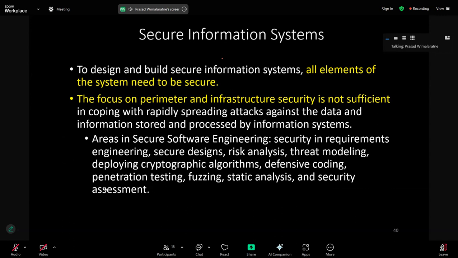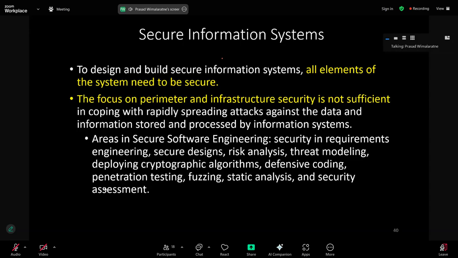When we say defensive coding, we are talking about applying secure coding guidelines as software engineers. We are not just converting the requirement into a piece of software. We are creating software that is more robust in terms of security, because if we apply these guidelines, your code will have fewer security problems.